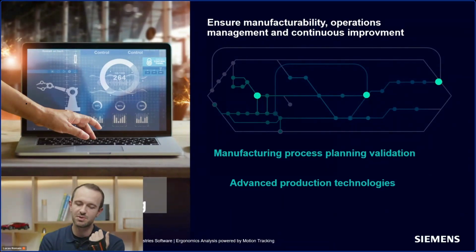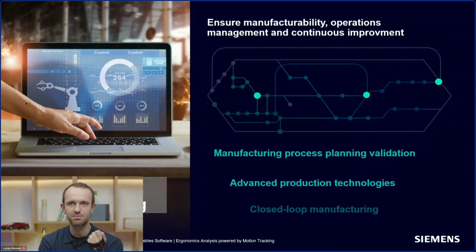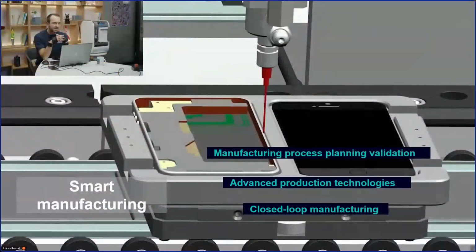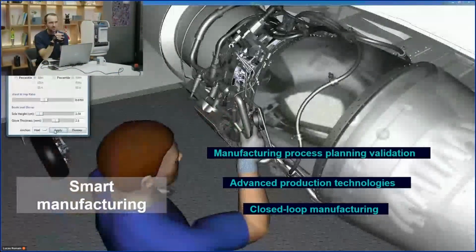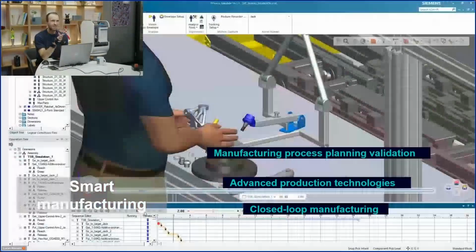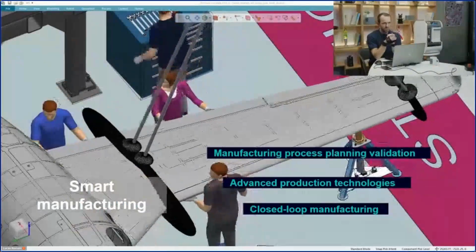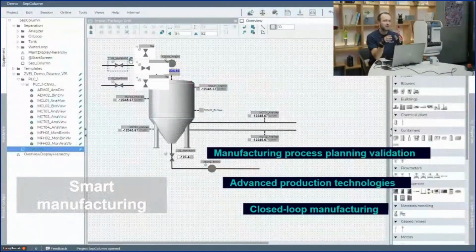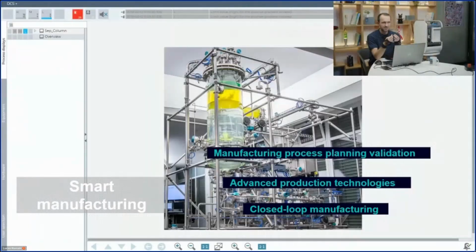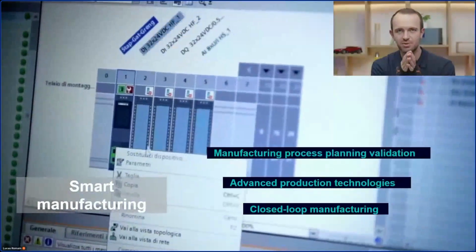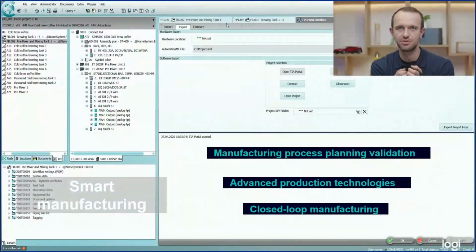When it comes to managing the daily operations, we are proposing advanced production technologies like manufacturing execution or planning capabilities. And here you got a quick overview of different models and simulations we can perform in the manufacturing domain, with a strong emphasis also on being able to connect with the machines that are on the shop floor.